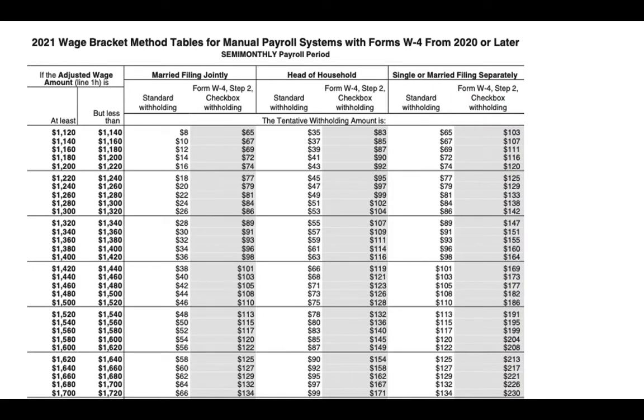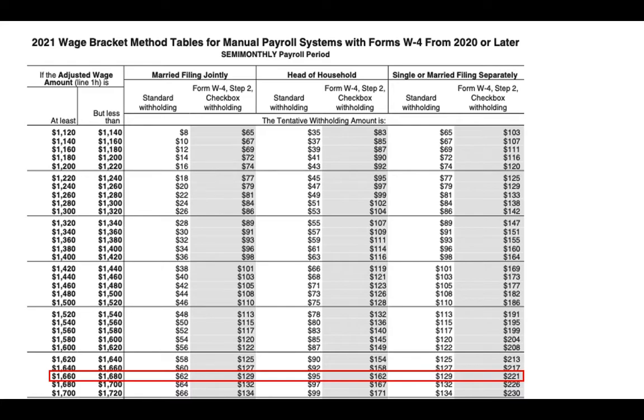In this table, the 2021 wage bracket method tables for manual payroll systems with Forms W-4 from 2020 or later, semi-monthly payroll, and we know that the amount is 1667, so it comes in between 1660 and 1680. Now, depending on whether we are married filing jointly, head of household, or single or married filing separately, we have different columns to look at.